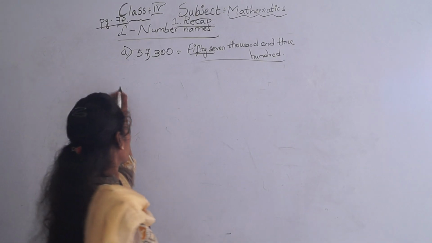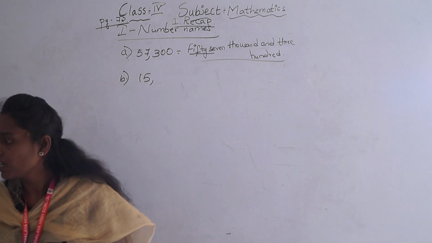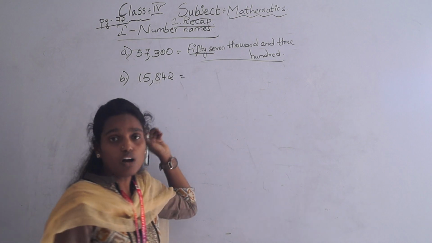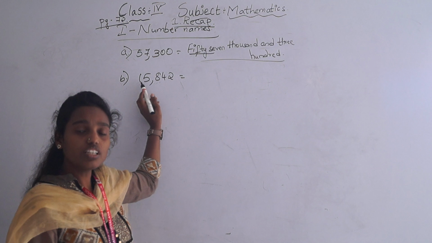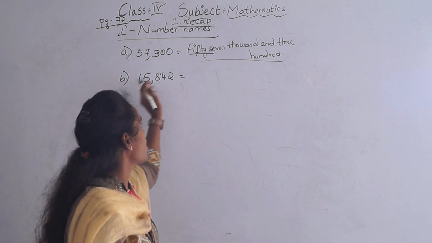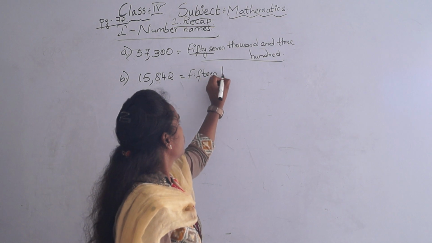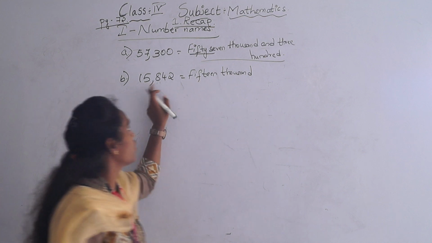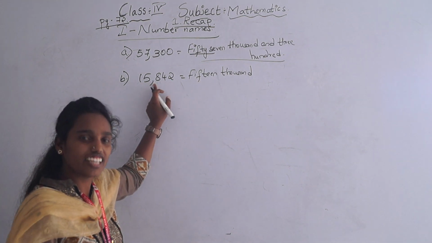Okay, B bit. What is the number? 15,842. Now tell me how to write the number name. Ones, tens, hundreds, thousands, 10,000. So we should write this as 15,000. Next, after 1,000, what is there? 8. So 8 is in the hundreds place. Yes, good.